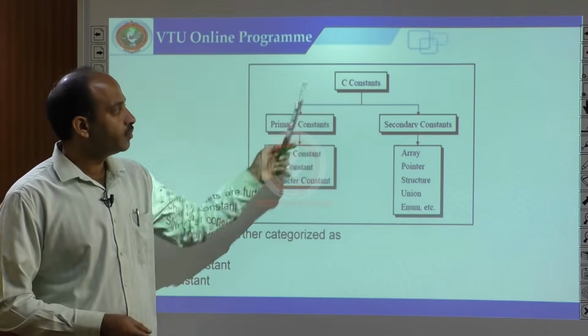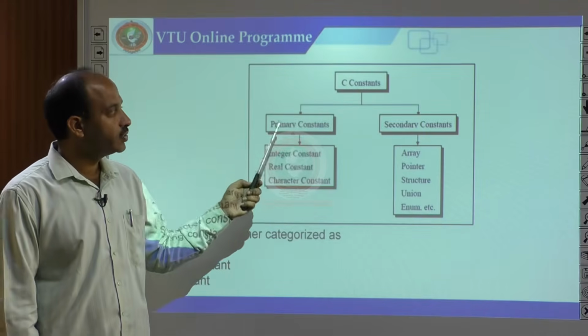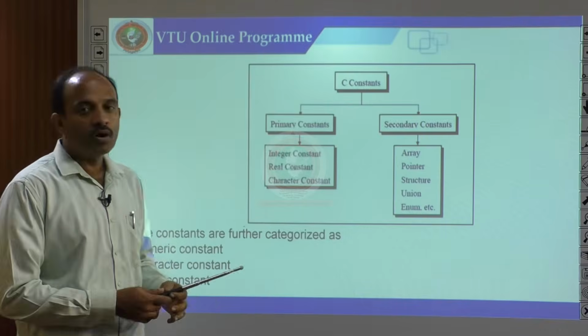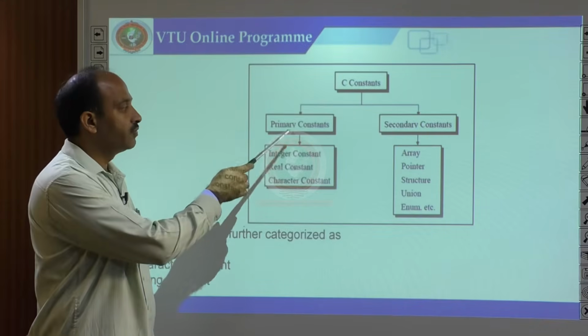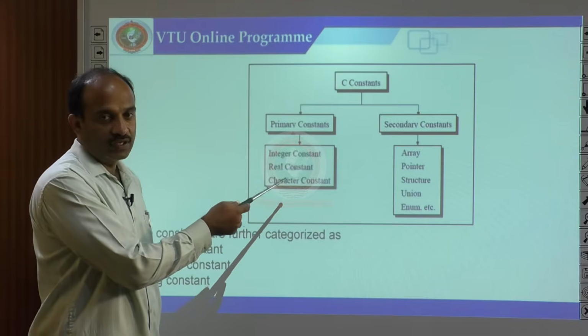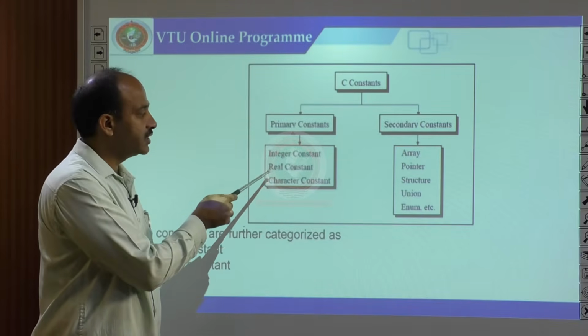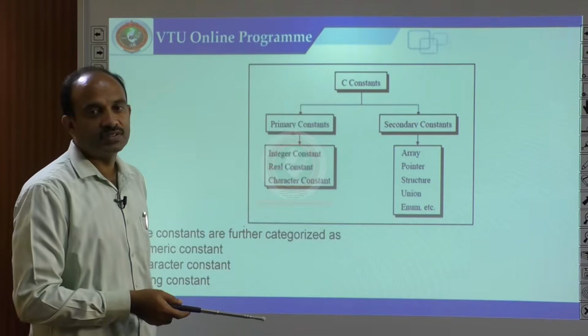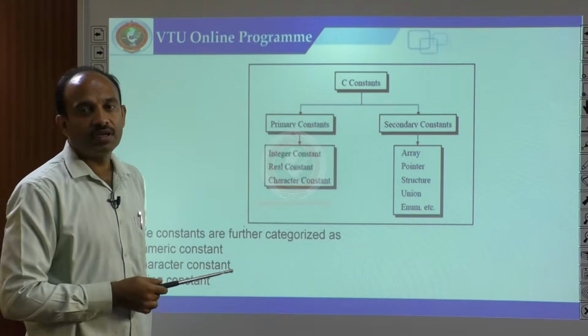What are the primary constants? Whatever you define as an integer constant like 5, a real constant like 5.2, a character constant like C. These are all primary constants.